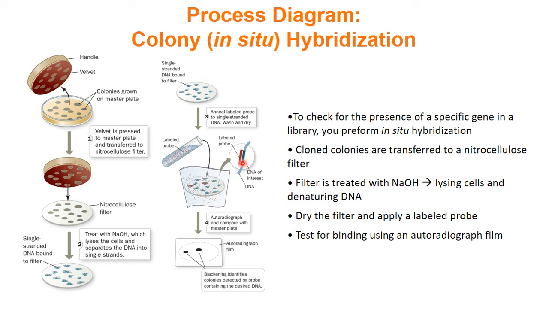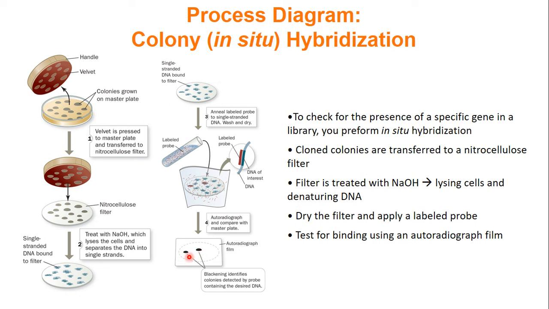Your DNA of interest will bind to your labeled probe. And then you're going to measure this binding event. Your probe usually has fluorescence, or it could have radioactivity with it. Only the colonies that had your DNA sequence will come back as having a hit.